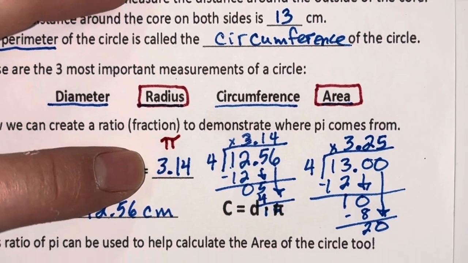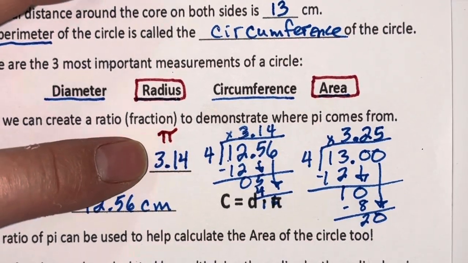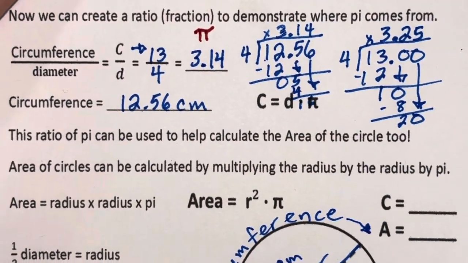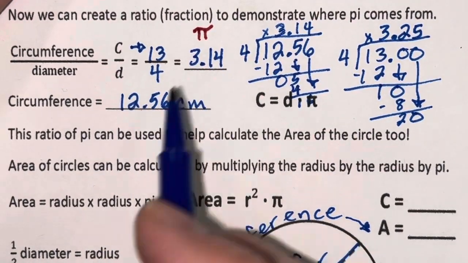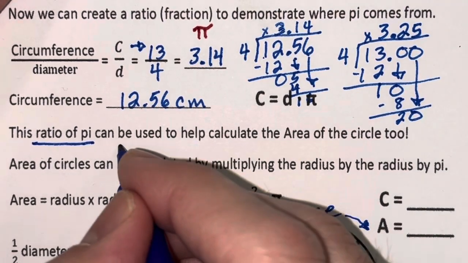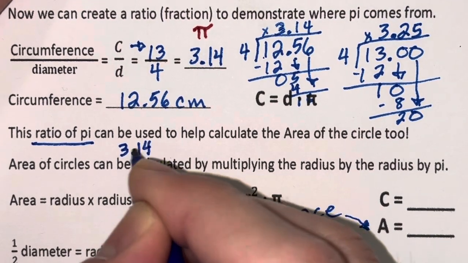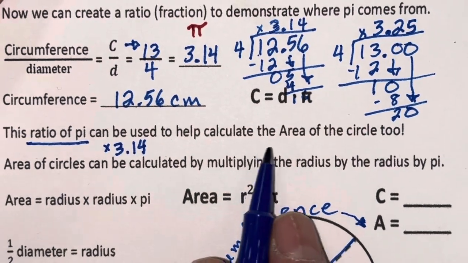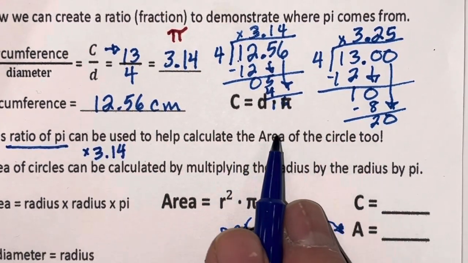That's going to be our factor in which we use for pi. So once we've determined that factor of 3.14, this ratio of pi, we can also use this to help us find the area of the circle.